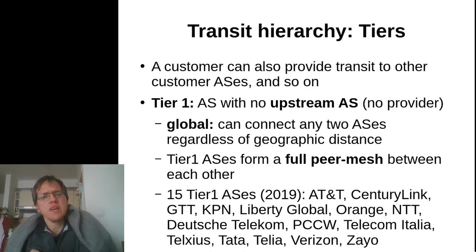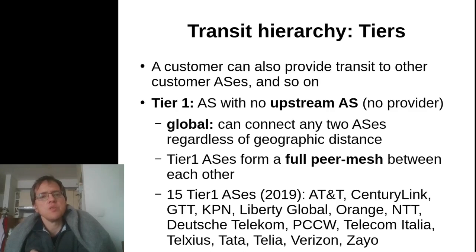A little bit of thinking will bring us to the understanding that whenever we talk about an AS without an upstream, that particular AS must be global. So it must possess and operate a network infrastructure that can connect any two ASs throughout the world, regardless of the geographic distance between them. Because if this was not the case, then of course our AS would need to use the service of a transit AS, but then by definition it would no longer be a tier 1.